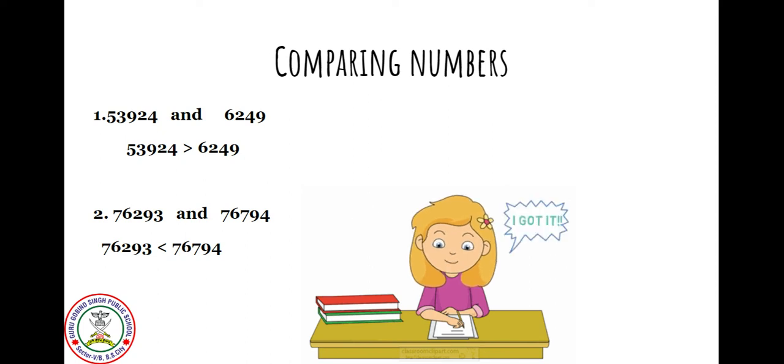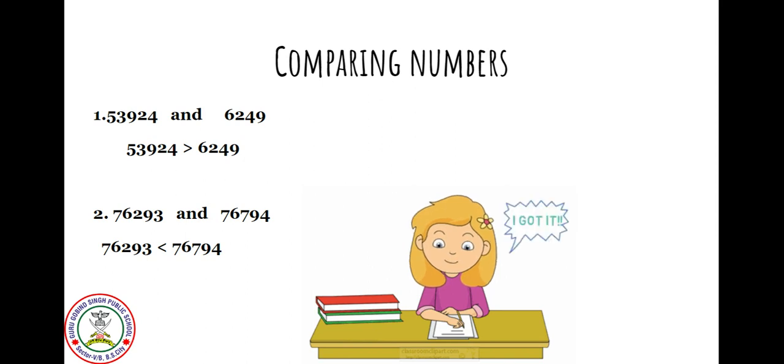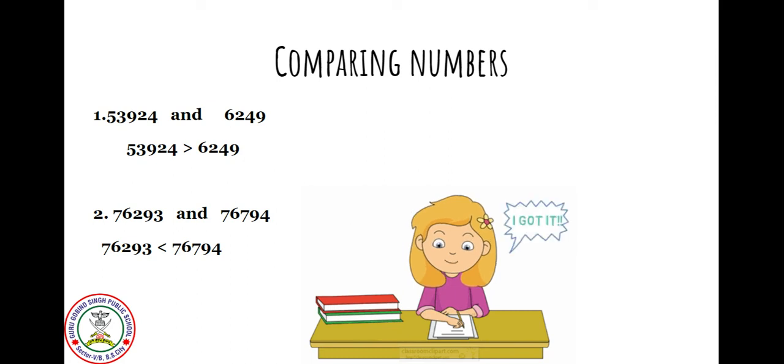Both numbers are of 5 digit. 10,000 and 1000 places are also equal. So we have to compare 100 place. In the first number 100 place is 2 and in second number 100 place is 7. As 2 is less than 7, so we can say that first number is less than the second number.